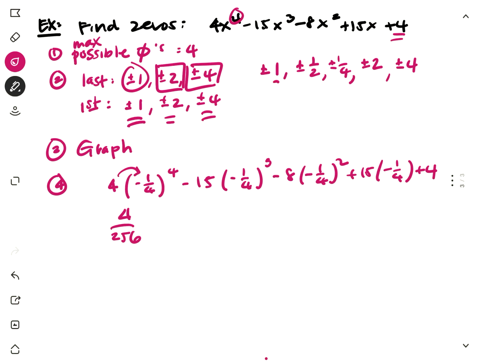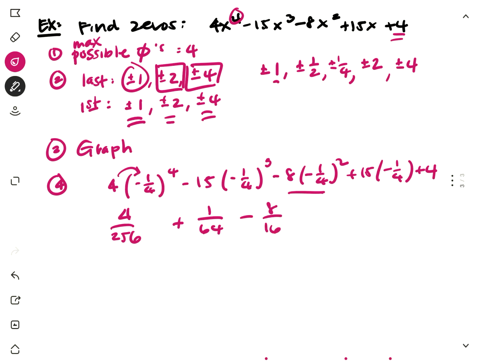This time we're going to do -1/4 to the 3rd. That's going to be -15 times -1/64, which is going to be positive 15/64. And then -1/4 squared is 1/16, and then we have the -8, so -8/16.